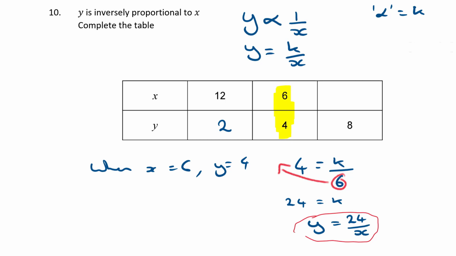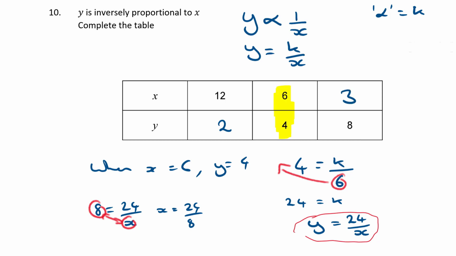And what about the other way around? So if y is 8, what is x? Okay, so if 8 is equal to 24 over x, just cross multiplying, I'm going to get x equals 24 over 8. 24 divided by 8 is 3.